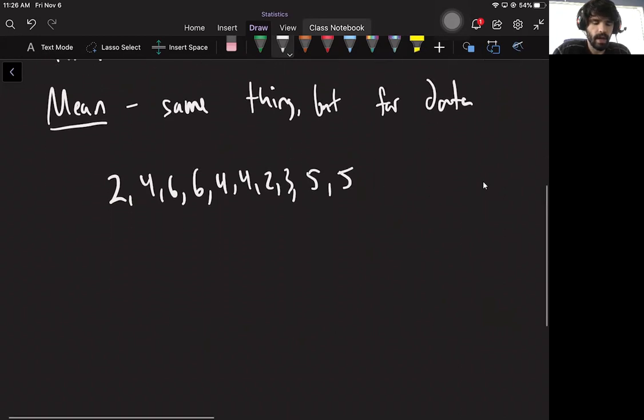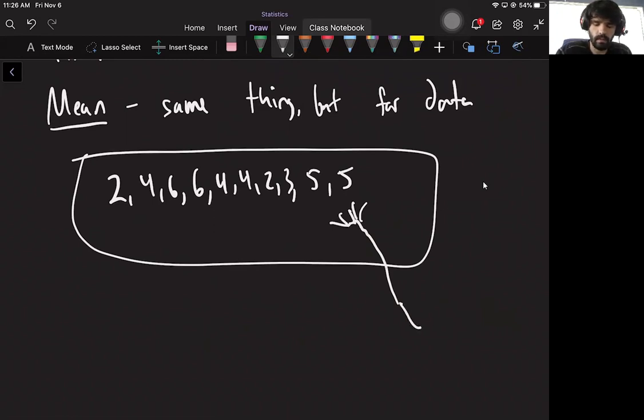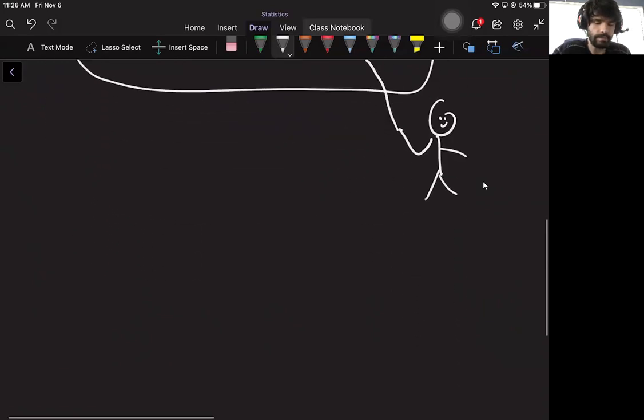The idea is like if I had a bag with these numbers in them, and I grabbed one randomly, and I did that a bunch of times, then the mean is the same as the expected value, and it's going to turn out to be the average of what I would get if I did this experiment a bunch of times. Okay, so this is how to think about it.